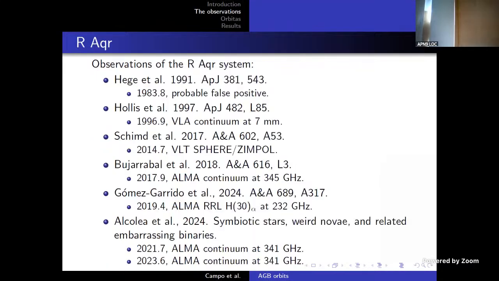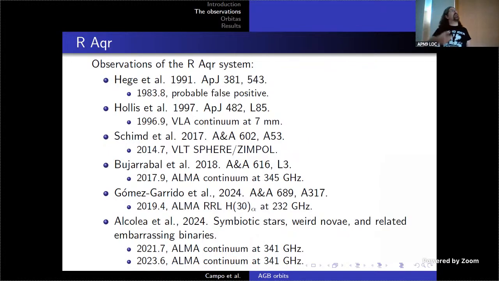For our query, we can see them in more detail because we have far fewer observations. We have an old observation from 1983 by Hege et al. that we suspect is a false positive, because this observation gives very large residuals with any of the solutions we tried. So we suspect they didn't really observe the secondary component.